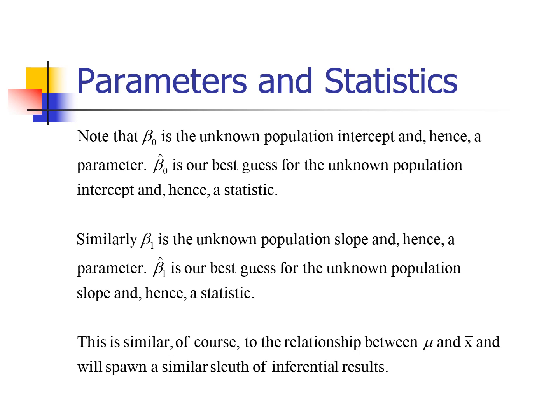Again, beta naught is the unknown population intercept. In statistics, we call an attribute or characteristic of a population a parameter, right? P and P. A parameter, it's alliterative. A parameter is associated with a population. Beta naught hat is our best guess for the unknown population y-intercept.